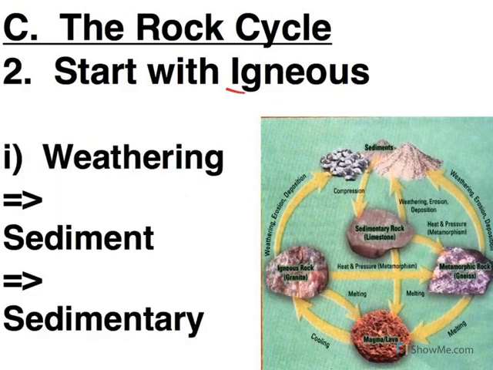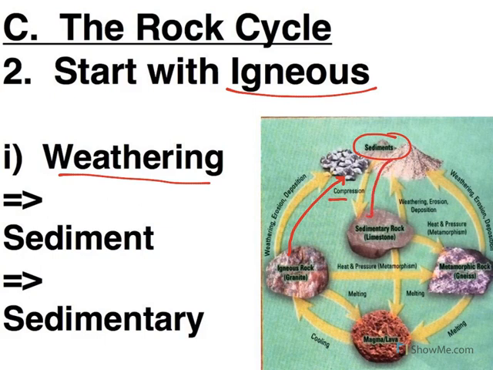But what if we start with an igneous rock? Well, one of the things that can happen to an igneous rock is it can be weathered. And if you're weathering it, you're breaking it down into pieces, you now have sediment. It's not a rock yet, but through the process of compression, it will turn into a sedimentary rock.